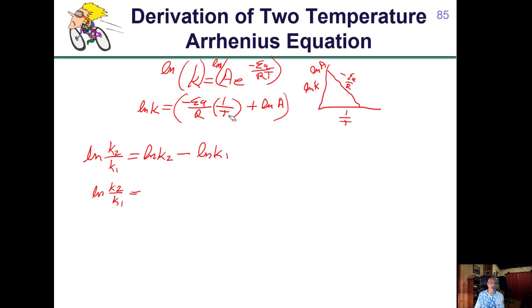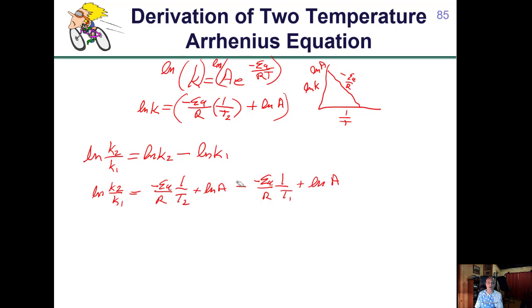I'm going to call this temperature 2, and then I'll have another one for temperature 1. And so this is just going to be minus E of A over R times 1 over T2 plus the log of A, and that's going to be minus E of A over R times 1 over T1 plus the natural log of the frequency factor A.